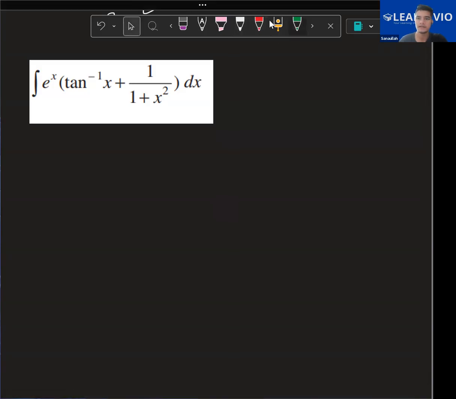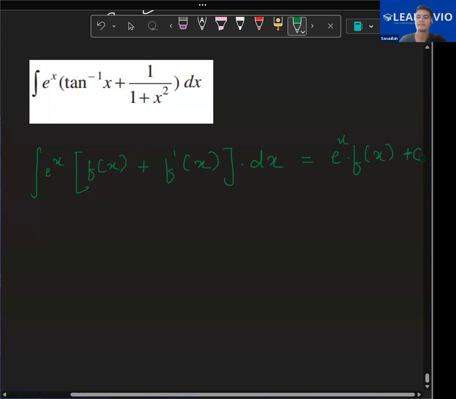What that formula is? The formula is, if you have integration e^x times f(x) plus f dash of x dx, अगर आपके पास कुछ इस तरीके की फॉर्म बने, तो इसको आप डायरेक्टली लिख सकते हो e^x times f(x) plus c. That's simple. जस्ट इमेजिन, इससे आपके कितने सारे स्टेप्स बच गए. Otherwise, if you don't know this one, then you have to apply that ILATE two times.